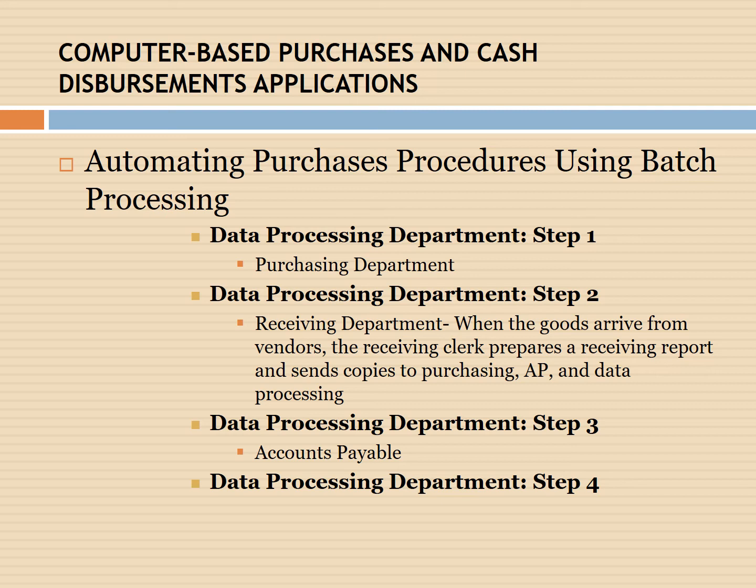In step 4, the voucher file is created from the voucher documents. A batch program validates the voucher records against the valid vendor file and adds them to the voucher register and the open accounts payable subsidiary file. Then batch totals are prepared for subsequent posting to the accounts payable control account in the general ledger.